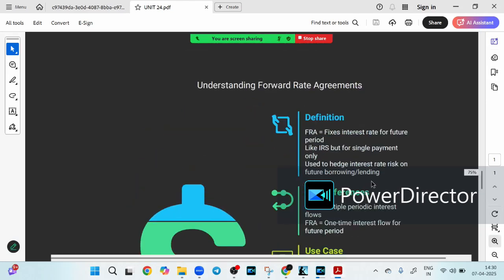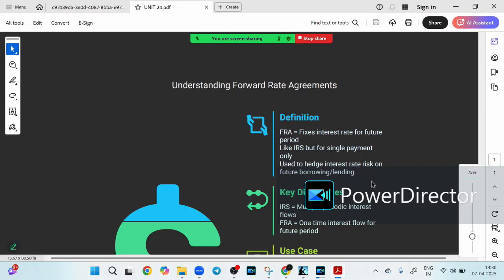You can think of this like an IRS. It's just like an interest rate swap, right? But with a twist. What is the twist?